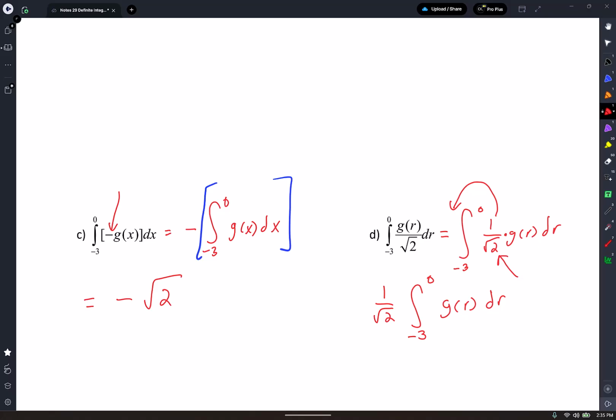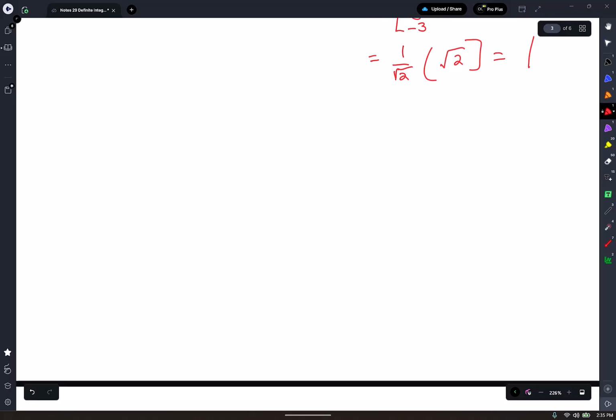You can call it any letter. They called it r. So this is 1 over square root of 2 times, what is this integral? Times square root of 2. So I'm just going to get 1. And there it is. We just finished those.